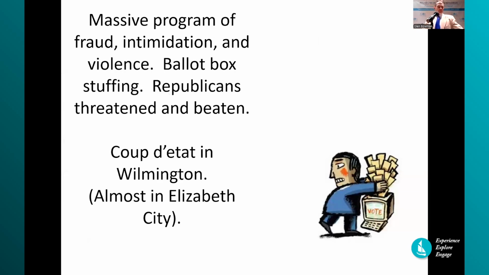This election was a massive program of fraud, intimidation, and violence, ballot box stuffing, and all the dirty tricks you can think about. People being threatened and beaten. This also included a coup d'etat. Now, I'm not going to get into that because this is not the subject, but Wilmington did not have a city government election. Just like in Elizabeth City, the city government is elected in a different year than we have federal elections.